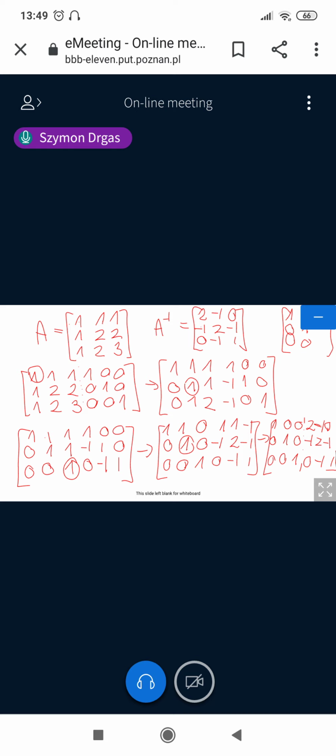Negative 1 plus 1 is 0. 0 minus 2 plus 2 is 0. And finally, the third row times the third column. So it's 0 minus 2 plus 3 is 1. Yes, so it seems to be correct. We multiplied A by A inverse, and we obtained the identity matrix.